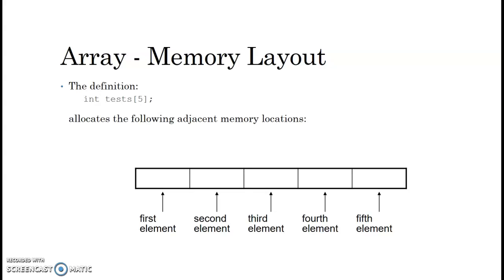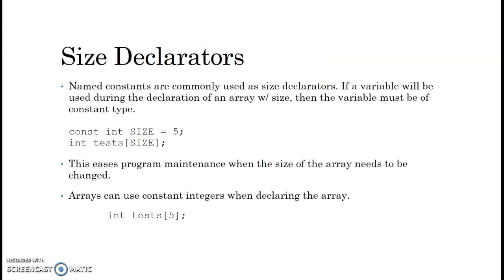So if we look at tests in memory, the definition of our test is going to hold only integer values. You can see that I'm going to have 5 elements stored adjacent to each other in memory locations.